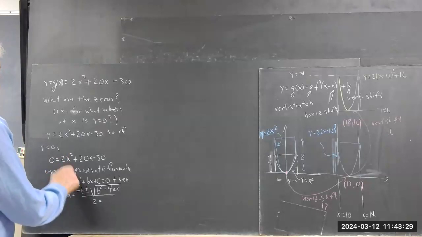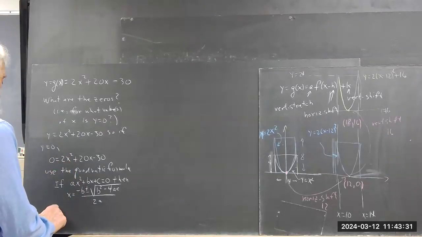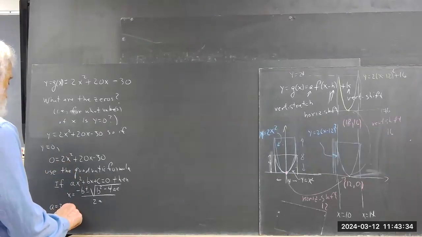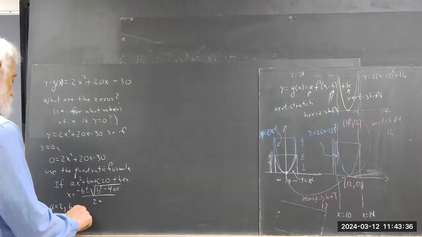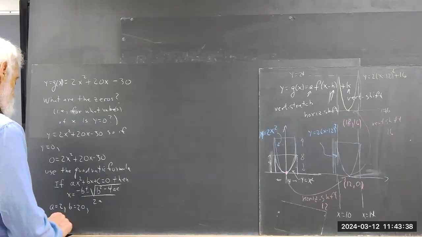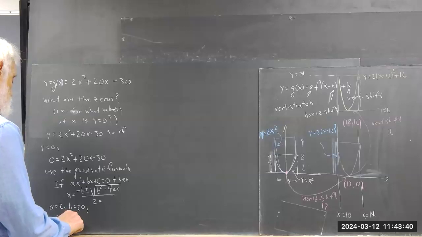So here, in this function, a is the number in front of x squared, I'm sorry, b is what's in front of x, and c is your negative 30.